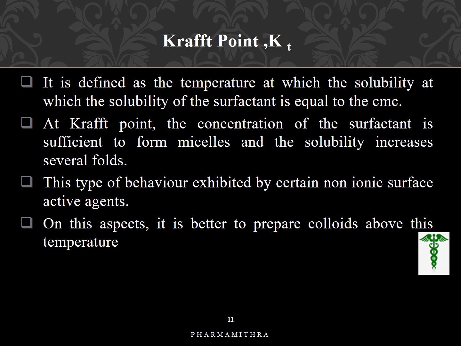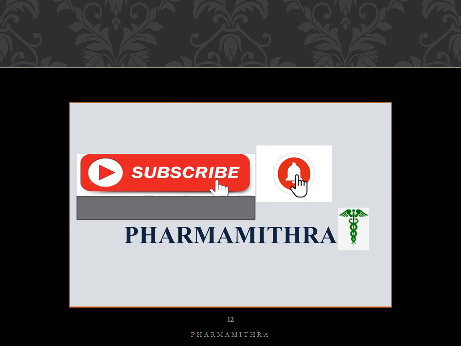Normally this temperature behavior is shown by non-ionic surface active agents. Considering this, we normally prepare all the colloids above this Kraft point. Okay, so these are some important concepts in physical pharmaceutics too.